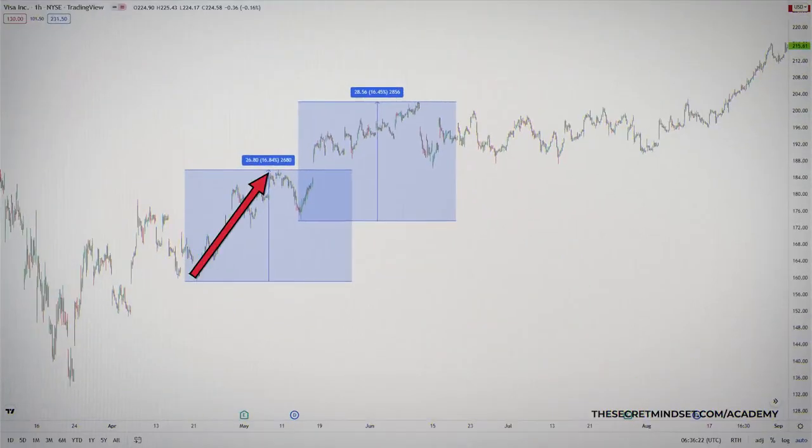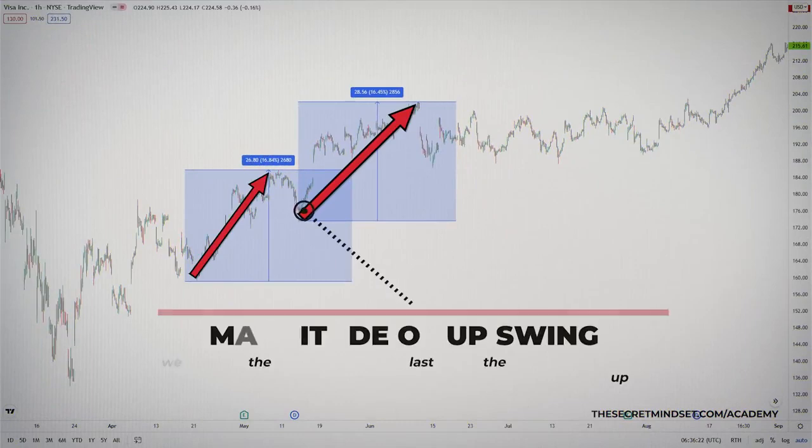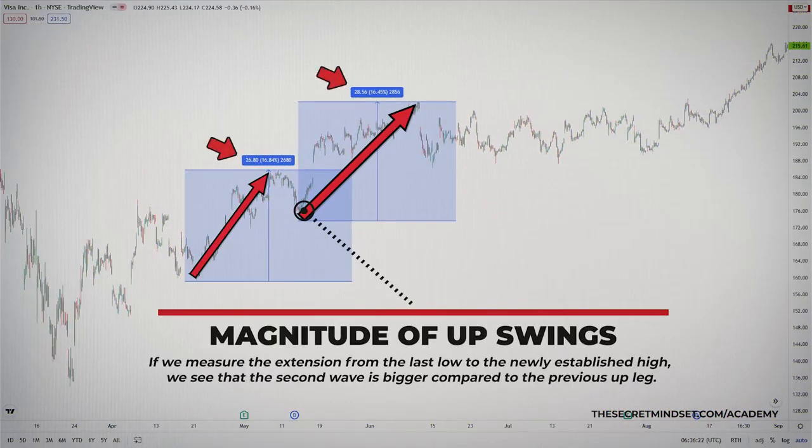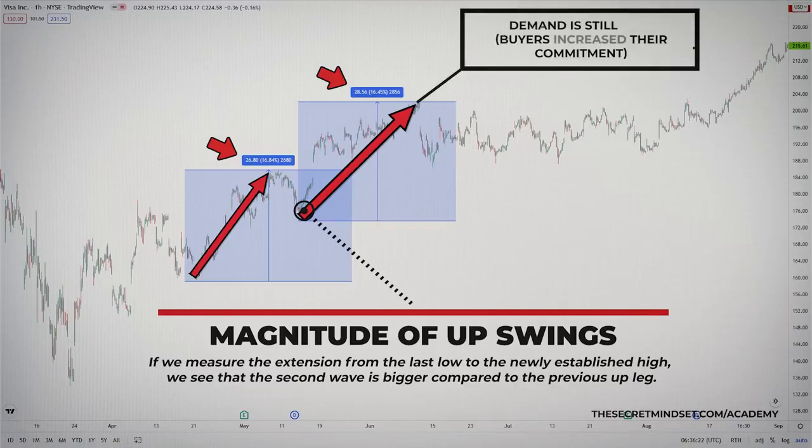Here, despite having entered a period of consolidation in the hourly chart, if we measure the latest swing high, its extension from the last low to the newly established high, we see that this is a bigger advance versus the previous up leg. This means that buyers are increasing their commitment on each new cycle, meaning greater demand imbalances. Therefore, this is yet another clue that the trend is to the upside.